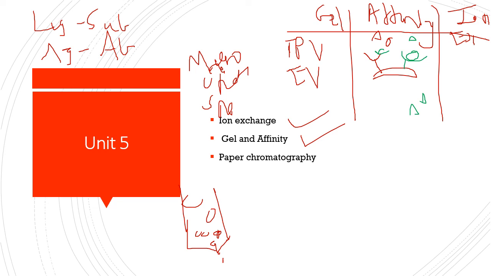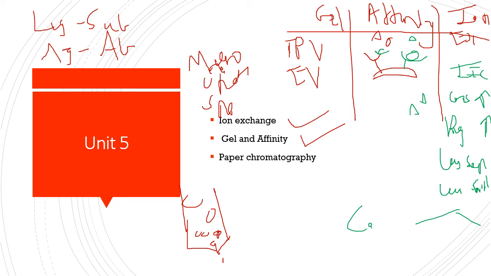In ion exchange, you have cation exchange capacity, wherein you have cross-linking. If there is more cross-linking, there is more rigidity of the gel. If there is more rigidity, there is less separation due to less swelling. This is a very important phenomenon that I want you all to know: more cross-linking, more rigidity, lesser swelling, lesser separation. In ion exchange, you have two types of exchangers, cationic and anionic.